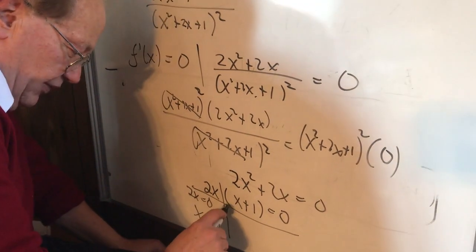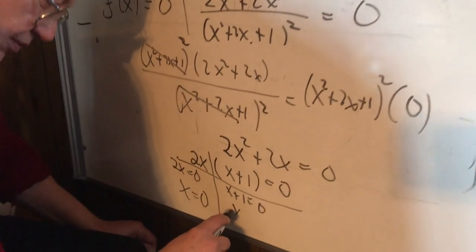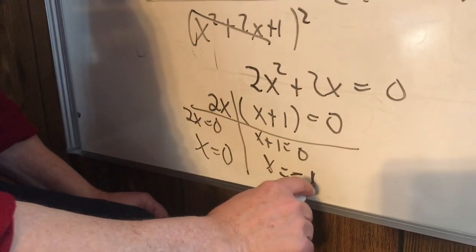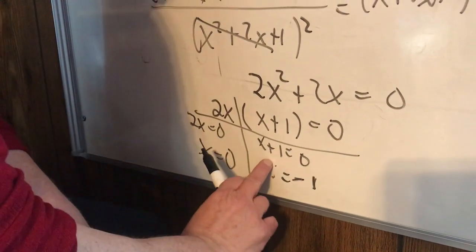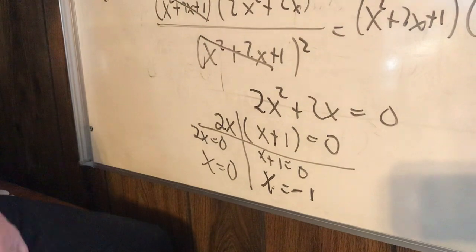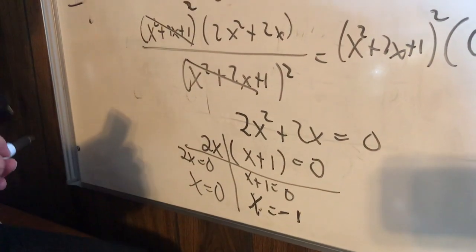And then I have x plus 1, so that x equals minus 1 is another one of my solutions. Sorry, let me make that. It's tough to read and it's bored a little bit. So I have two solutions here. x equals 0, x equals minus 1.